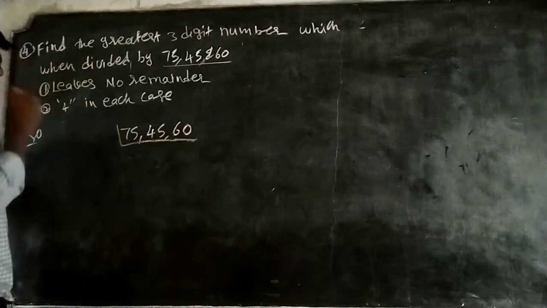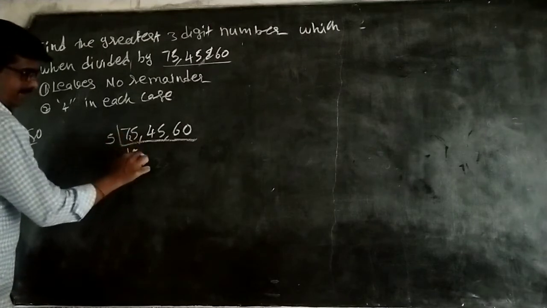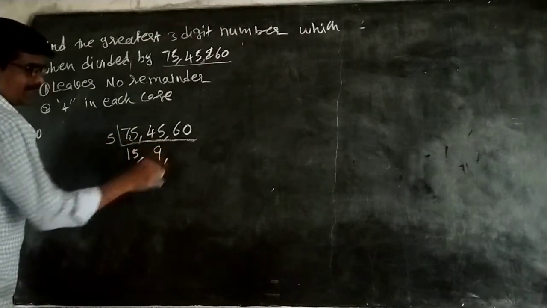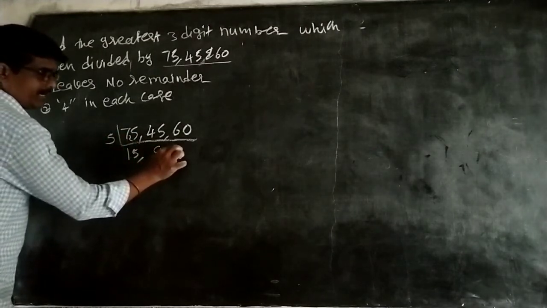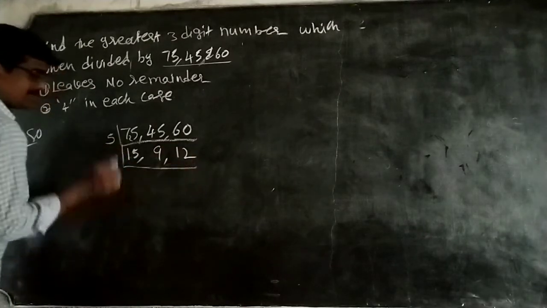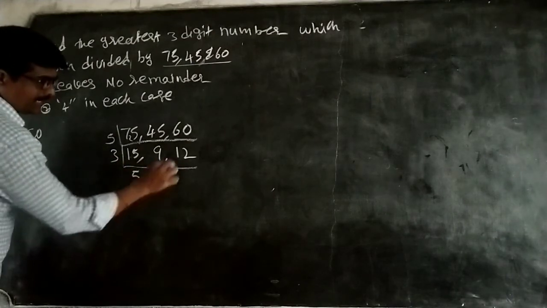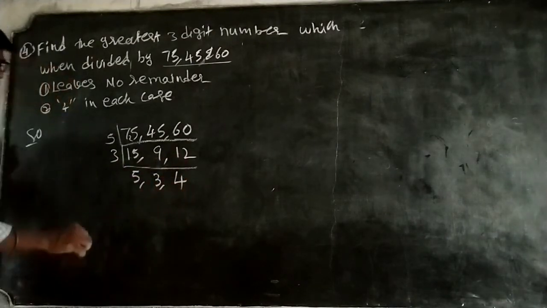First I am taking 5. 5 15s are 75, 5 9s are 45, 5 12s are 60. Next I am taking 3: 3 5s are 15, 3 3s are 9, 3 4s are 12.